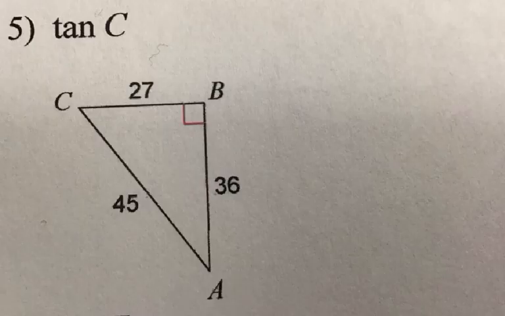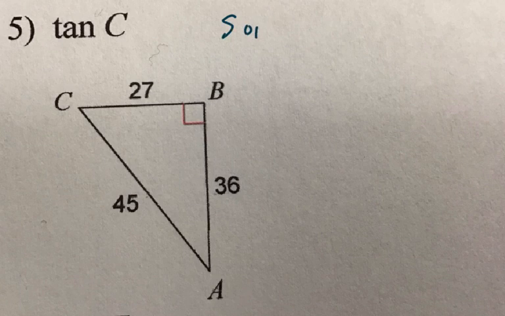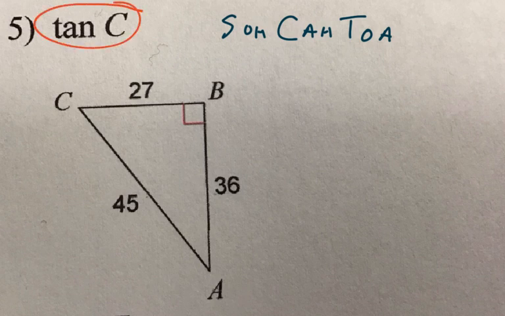Okay. Now, guys, let's do a quick review of SOHCAHTOA. Remember, some old hippie caught another hippie tripping over apples. SOHCAHTOA. So, the first problem's asking us to find the tangent of angle C. So the first thing we do is we got to find angle C. Now what? We label our sides. Notice the biggest side here is 45. That's got to be the hypotenuse. Remember, the hypotenuse is always your biggest side.